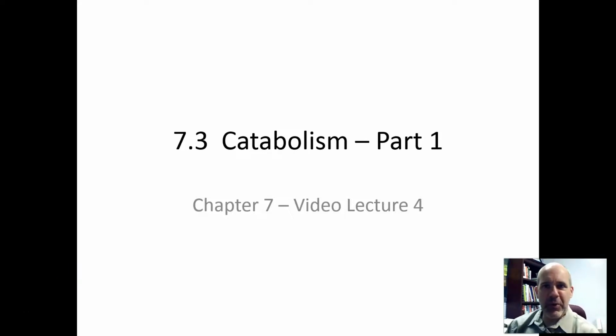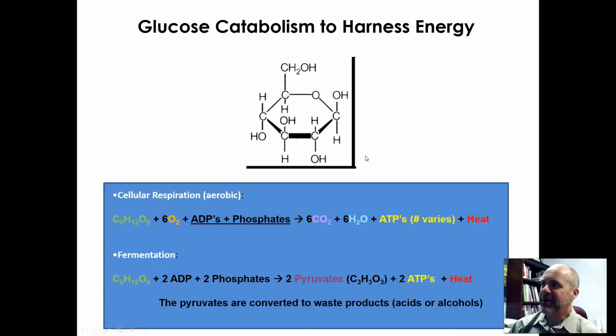In this video lecture, we're going to begin to discuss glucose catabolism in a little bit more detail. As I've mentioned in earlier video clips, the story of the catabolism of nutrients inside a chemoheterotrophic type organism generally starts with glucose. And here's what glucose looks like.